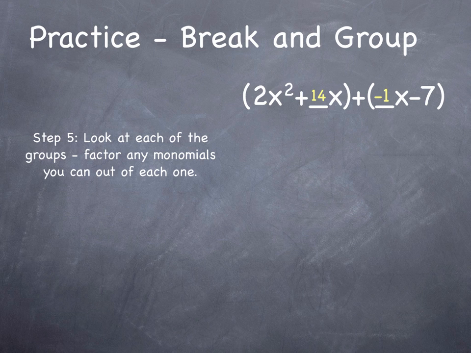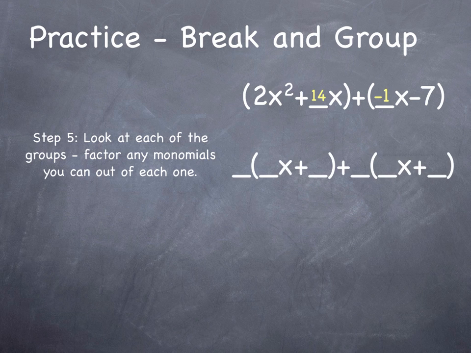Step 5, look at each of these groups you created with your parentheses and see what monomials, what single factors you can factor out of each one. So in the first case, I can factor out a 2 because 2 is a factor of both 2 and 14. And I can factor out an x because x is a factor of x squared and x.